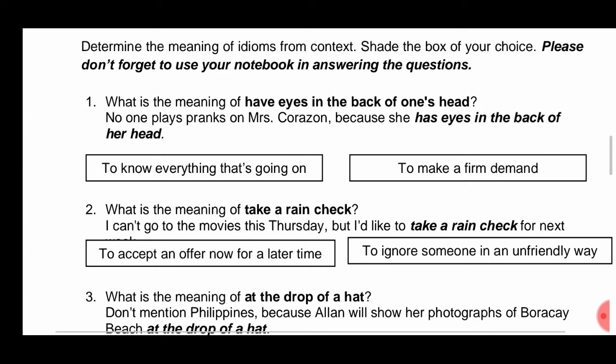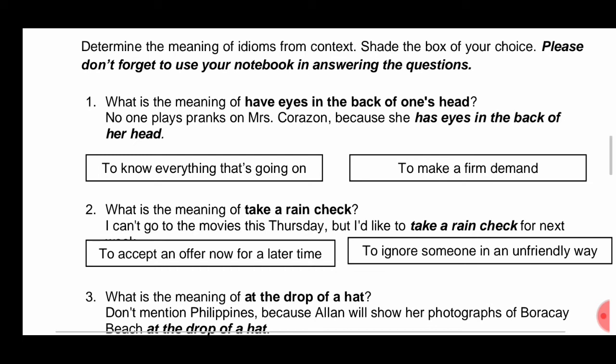The answer is to know everything that's going on. The meaning of has eyes in the back of one's head is to know everything that's going on. Walang nagtatangkang mag-prank kay Mrs. Corazon dahil may aalam ng lahat ng nangyayari.